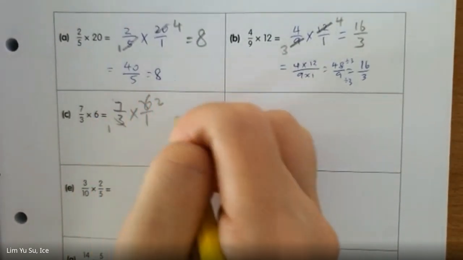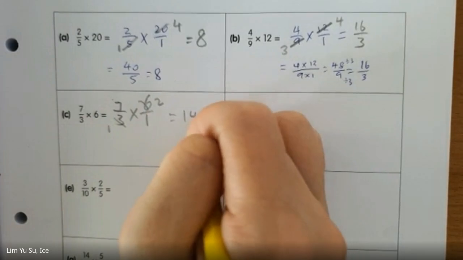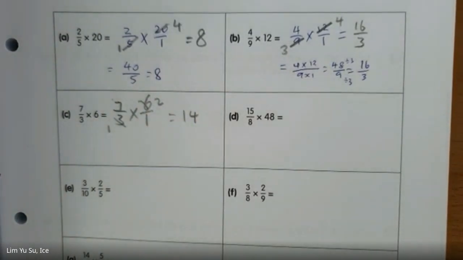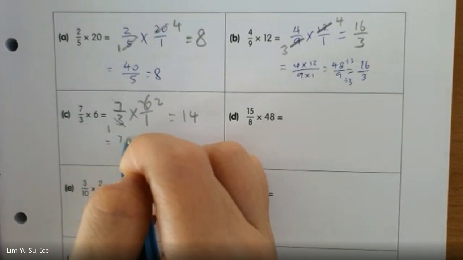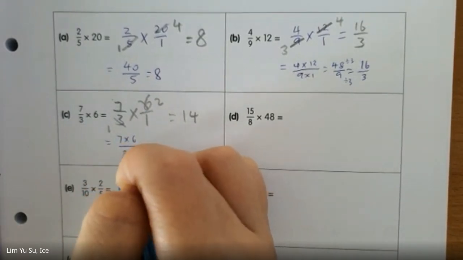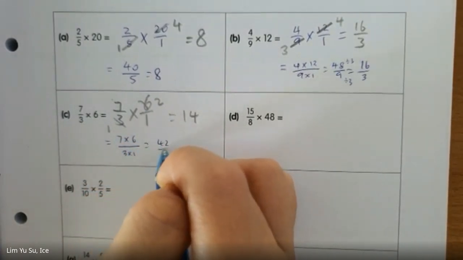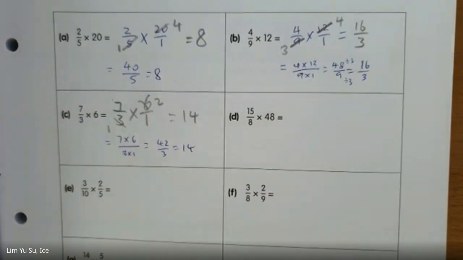Simplify is a lot faster. But of course, I can do 7 times 6 over 3 times 1, which is 42 divided by 3, which also gives me 14. But much slower steps. Is this okay? Okay.